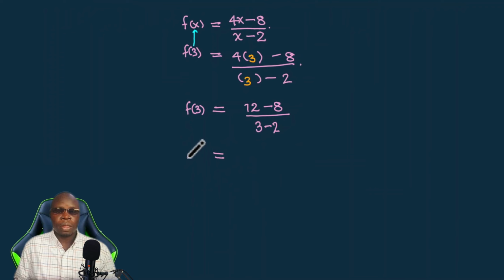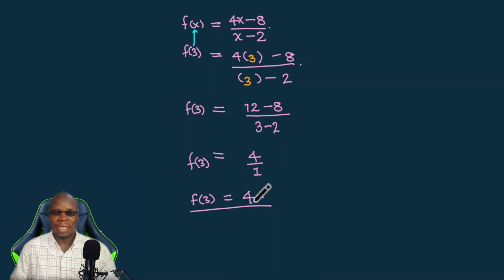So our left-hand side still remains f of 3 equals 4 over 3 minus 2, which is 1. So 4 divided by 1 is 4. And as simple as this is our solution, only 4. And you can see how easy functions are. Now with all this, let us move ahead to the next question, and that is question number 2.